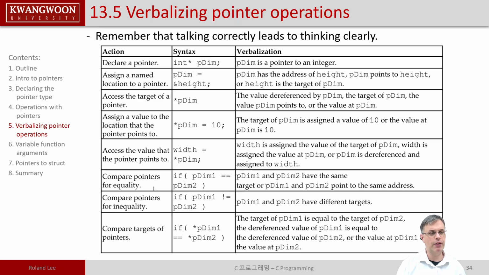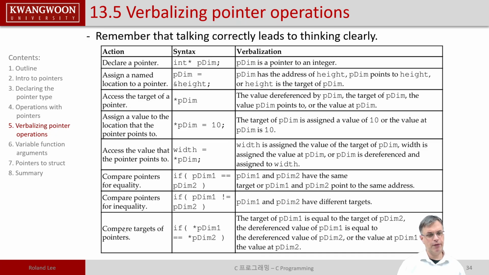Then compare pointers for equality. So if pdim1 is equal to pdim2, then pdim1 and pdim2 have the same target, or point to the same address. So the question is, do they point to the same address? Now compare pointers for inequality: pdim1 and pdim2 have different targets, or point to different addresses.